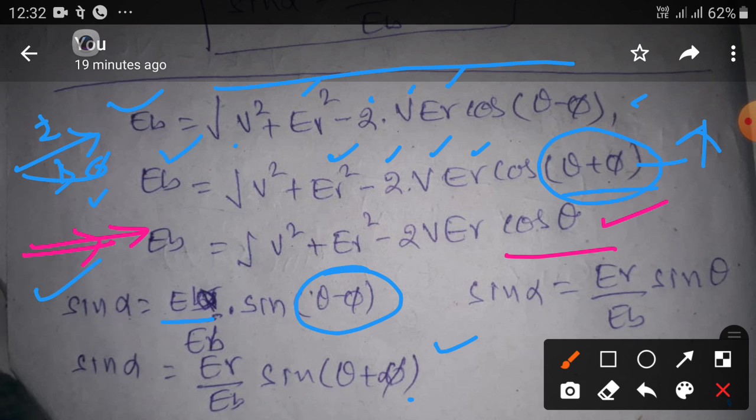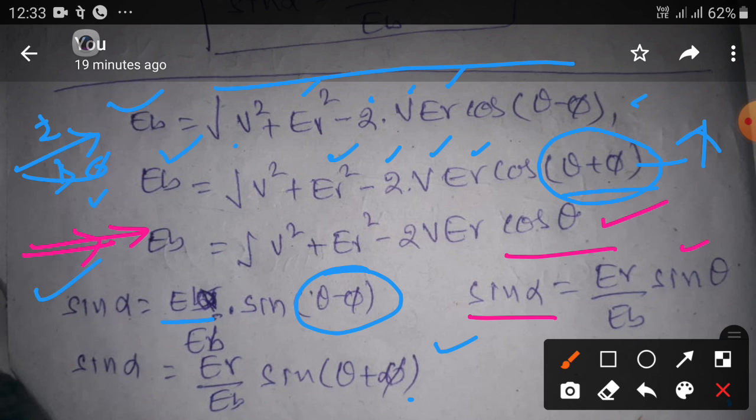Then sin alpha is equal to ER by EB into sin theta. So by knowing these factors we calculate the load angle under excitation condition, the power factor, or the internal angle, based on the given factors.